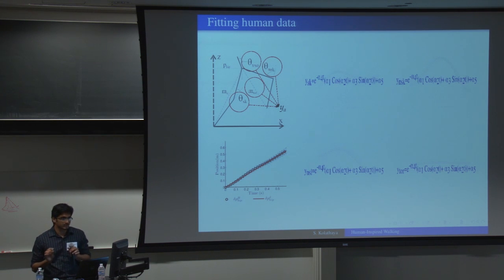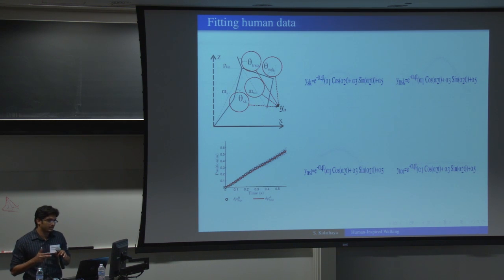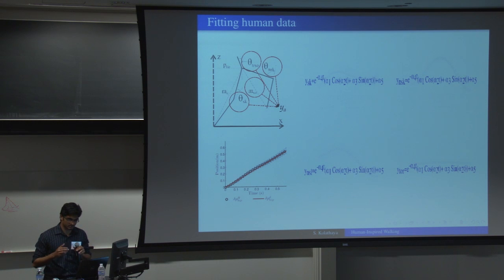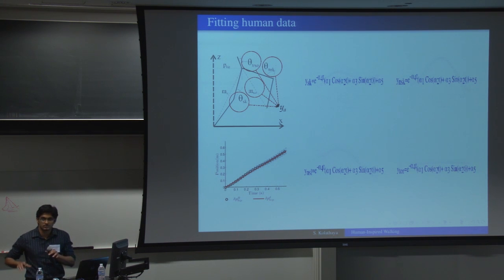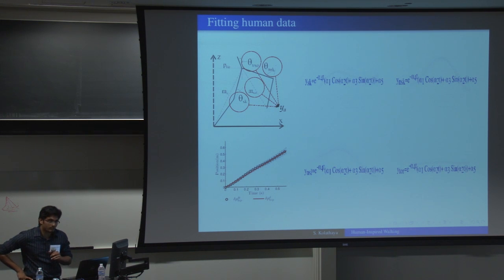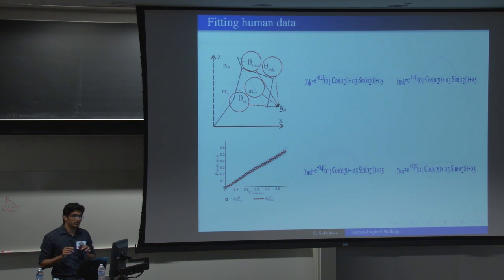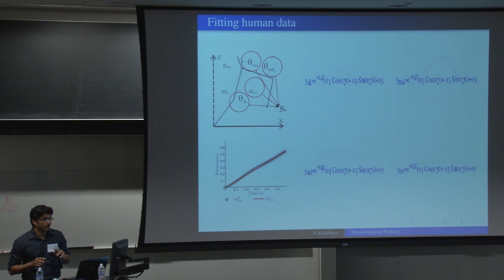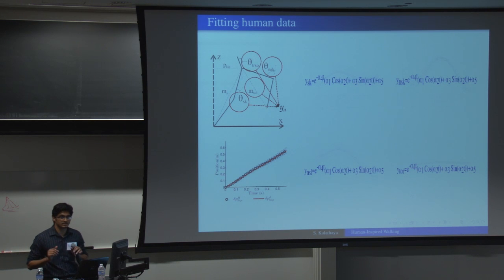Now, it doesn't make sense to blindly track these functions which are fit to the data perfectly, because the dimensions of the robot are very different from those of humans. So we will have to pick those trajectories which fit the human data as closely as possible, and at the same time satisfy a bunch of constraints which give us realizable walking in the robots.